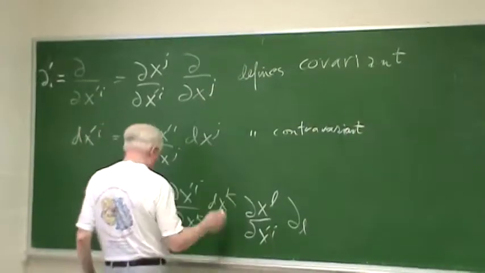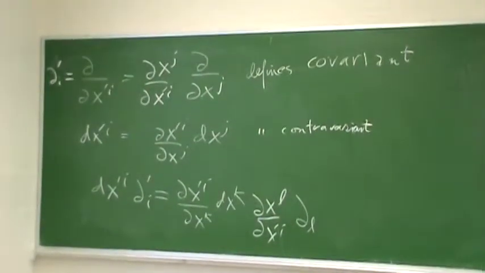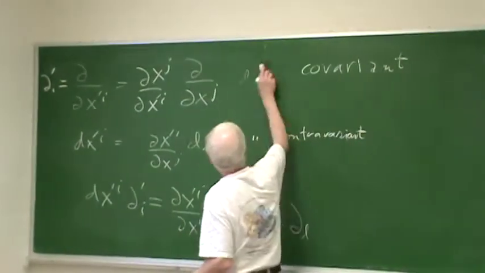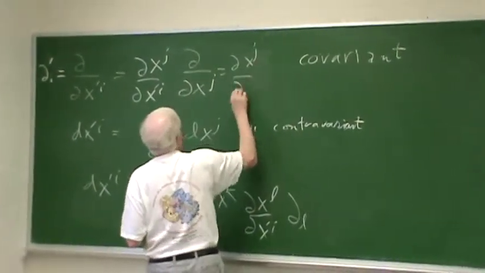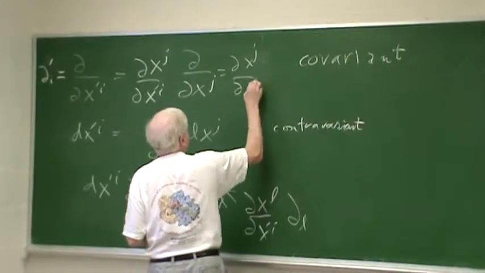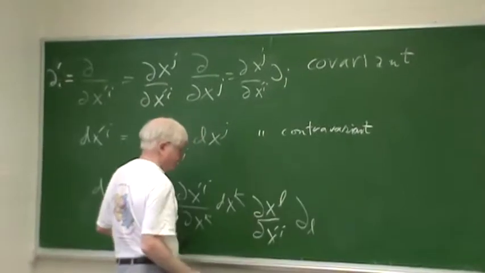This is of course the same thing as partial xj, partial x prime i dj.